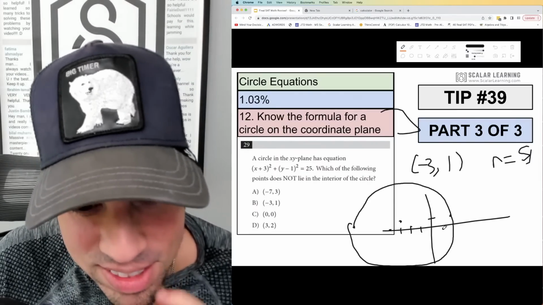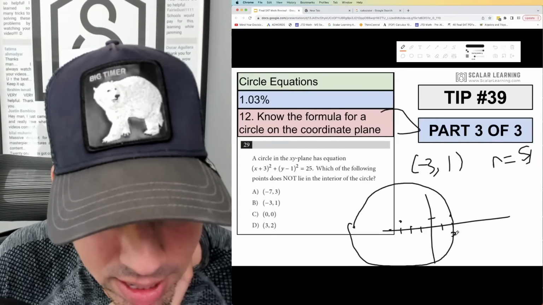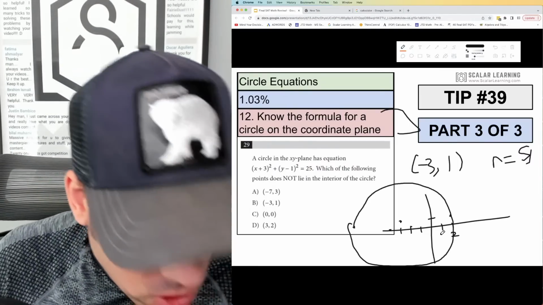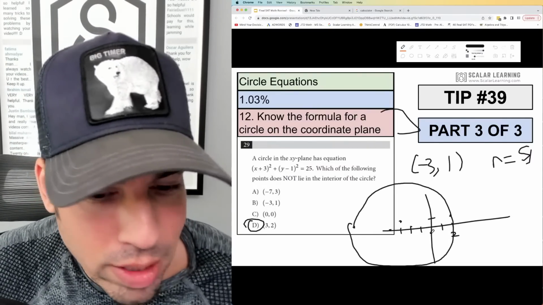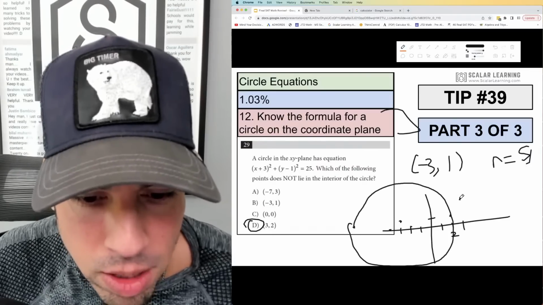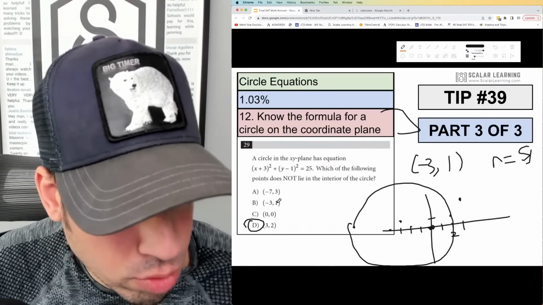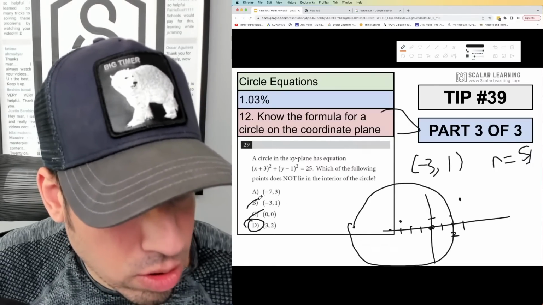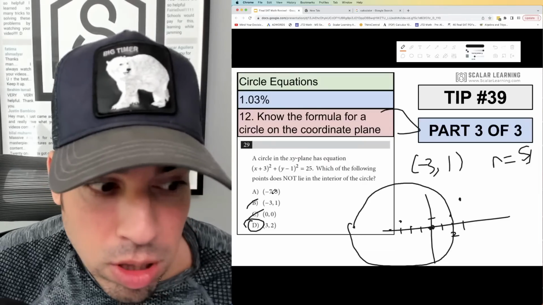This is not the best circle. But that's -3, that's 1, that's 2, okay? And, oh, look at this. This is 2, 1. Look at this point, 3, 2. It's so obviously out of the bounds, right? 0, 0's in there easily. -3, 1 is obviously in there because that's the center. And then -7, 3. We're at -3. I mean, that one's close, right?